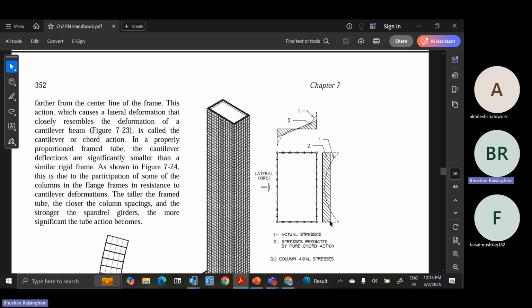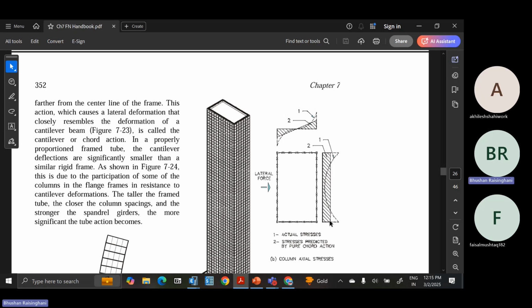All these were developed by Dr. Fazlur Rahman, and I will upload one session of mine on diaphragms and what we call tall buildings, how to understand them. I'll upload it in MS Teams, another session that I had taken for one of the universities.